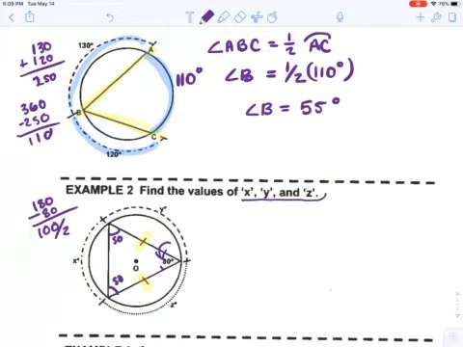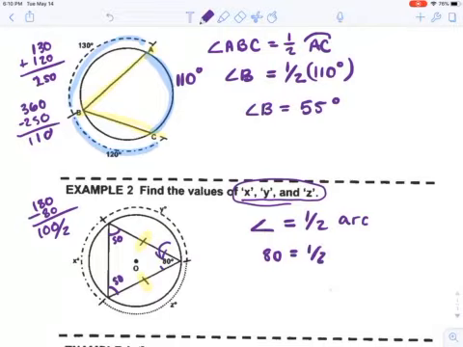But we're asked to find the arc values. So how do I use the theorem yesterday to find the arc values? We have to work backwards. So our angle is still half of the arc. And so in this case, 80 is half of its intercepted arc, x.